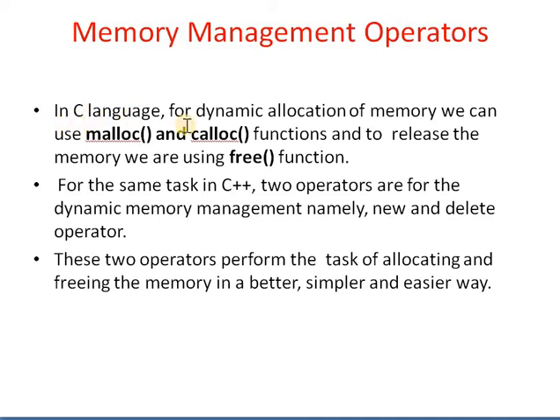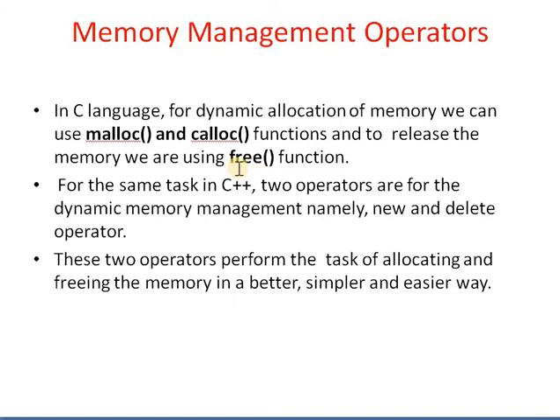In C language, for dynamic allocation of memory, we can use malloc and calloc functions. And to release the memory, we are using free function. Means in the C language, for allocation of the memory, we use malloc and calloc function, and for deletion of particular memory space, we use the free function.